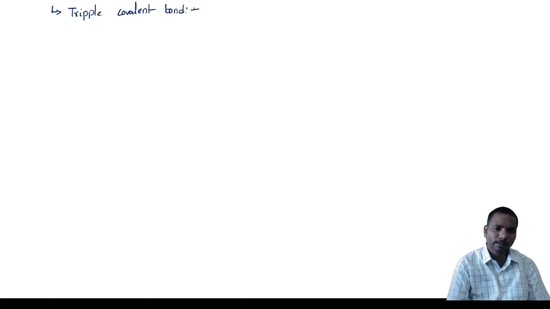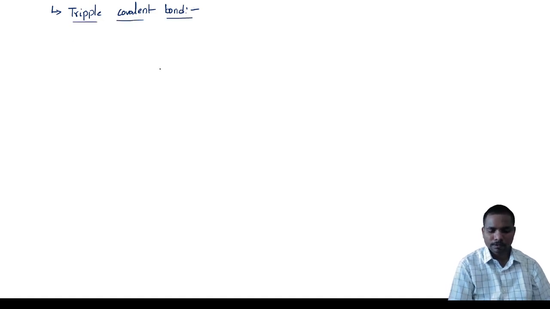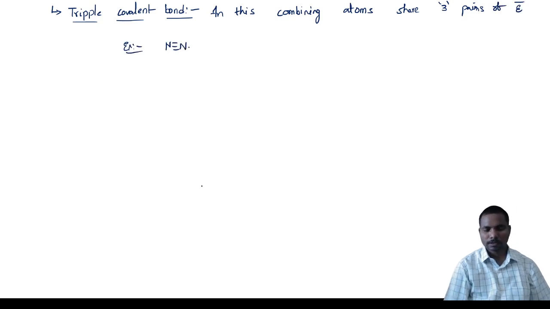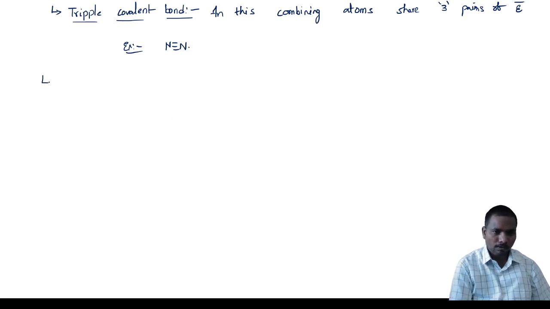Here, the combining atoms share three pairs of electrons. For example, nitrogen.